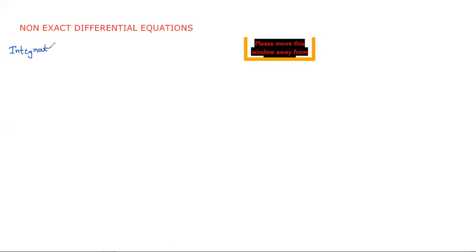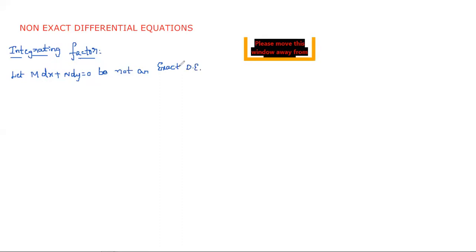Let M dx plus N dy is equal to 0 be not an exact differential equation.